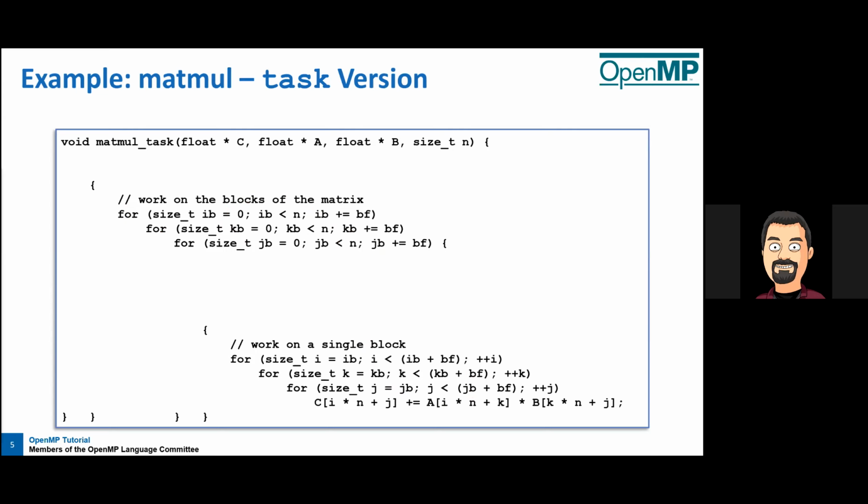Through the enumeration, we would cover all of the matrix as we need by the math. And so the way this would be parallelized is you would add pragma OpenMP task firstprivate, enumerating the individual loop blocks, and firstprivate on N and BF. So that's the block size or the blocking factor.